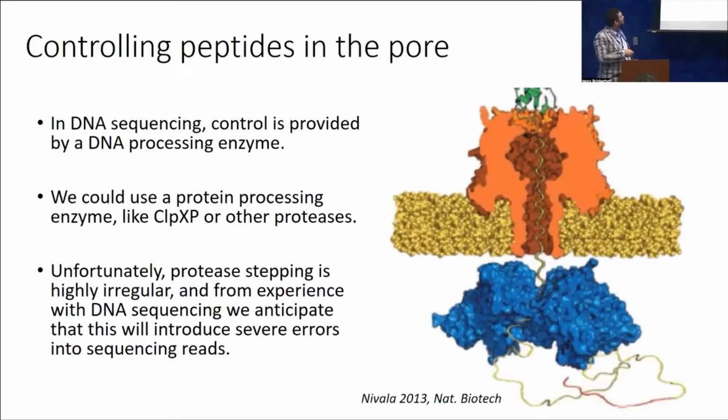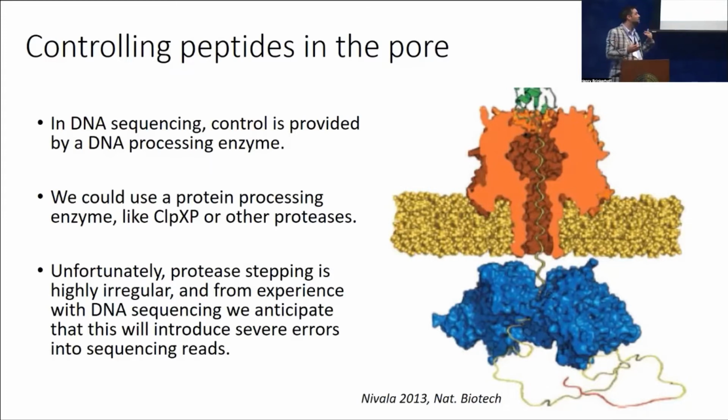So, one of the first ways, to my knowledge, that people successfully tried to control pulling peptides through the pore, because, of course, peptides don't have nice motors like polymerases or helicases that step along them in neat ways, the next best thing is something like an unfoldase, like this thing ClpX. Jeff Nivala, who has the next talk after me, back when he was with Mark Akeson, did these really cool experiments that pioneered this controlled peptide translocation, where they got actual distinguishable signals pulling different proteins to the pore.